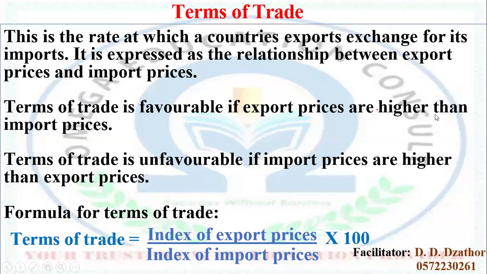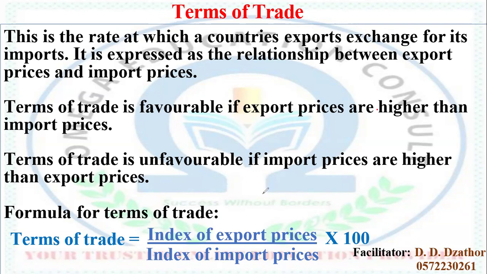So you will be given the index of export prices, index of import prices for various years, and then you state the formula, substitute the figures into the formula, and then get your final answer. If you do the computation and you get a figure which is higher than 100, then it means that the country has favorable terms of trade.